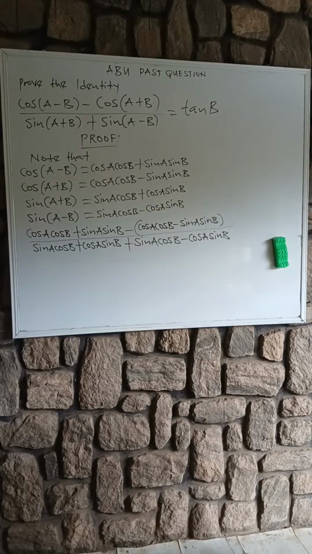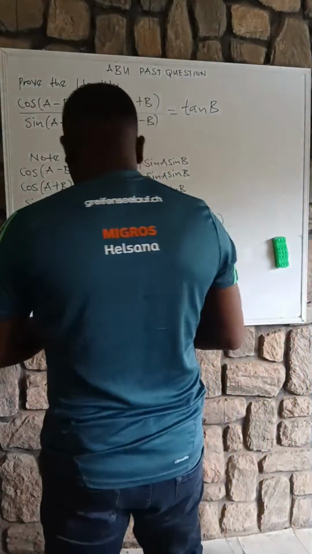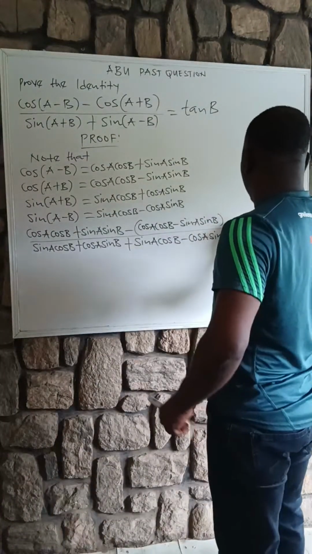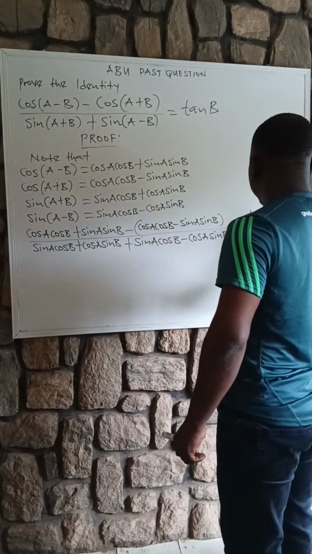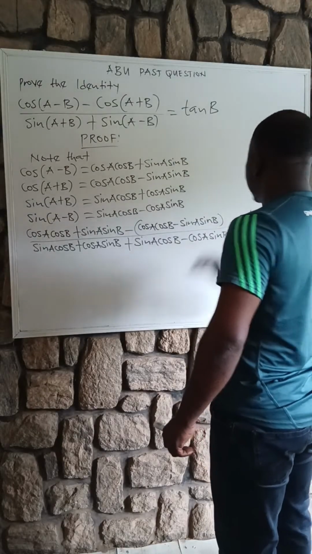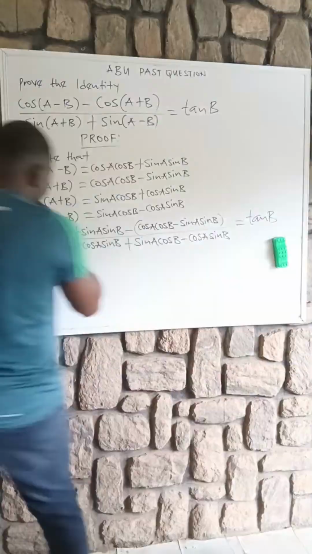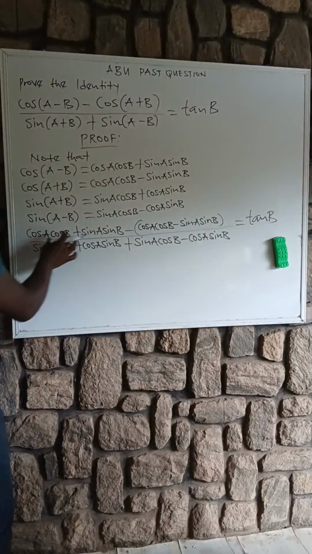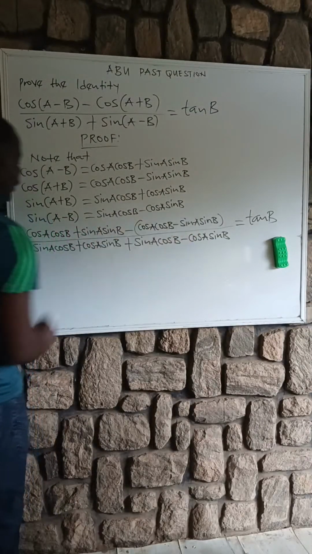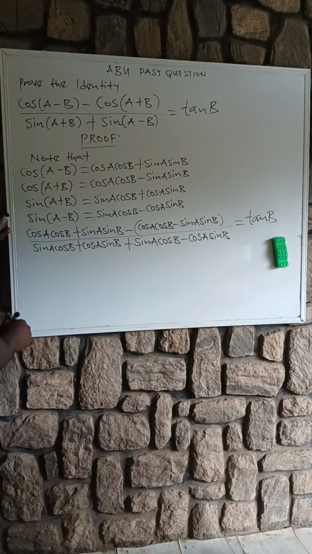So let us make it equal to tan B. Let us open this bracket to see what will happen.